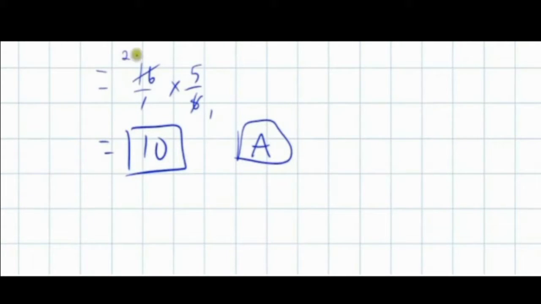So that's 16 over 8 fifths. And then I can separate that out, 16 over 1 times 5 over 8, because remember that when you divide by a fraction, you can multiply by its reciprocal. And this reduces to 2, this reduces to 1. So now I'm left with 2 times 5 over 1, which is 10, and so your answer is A.